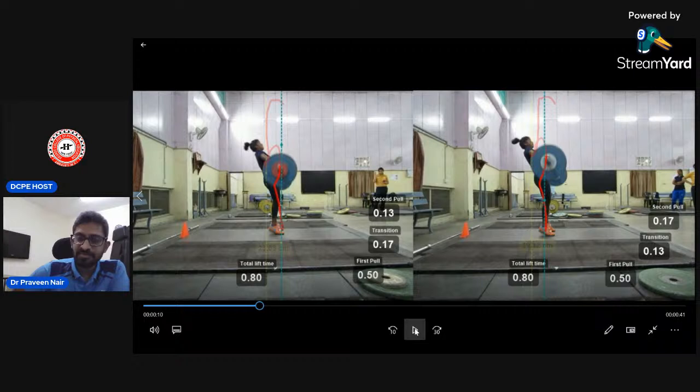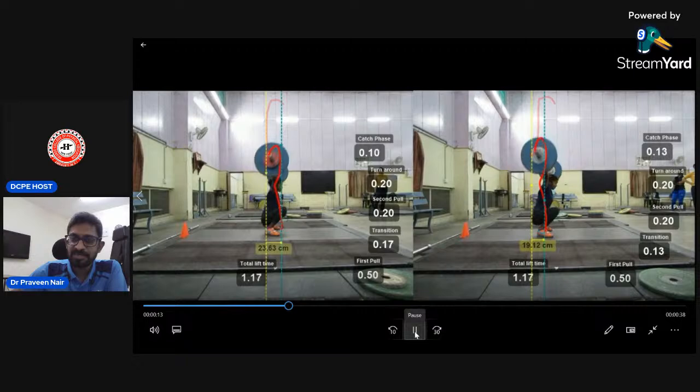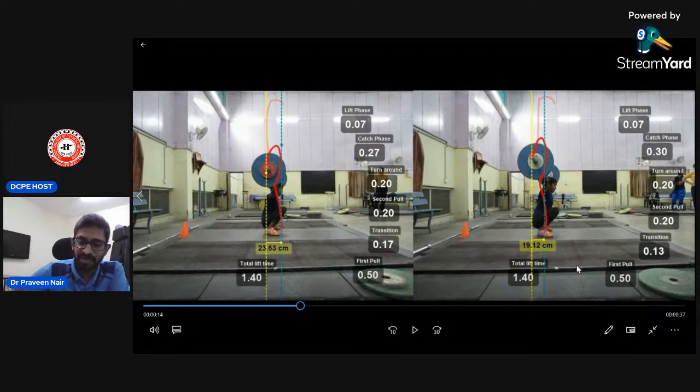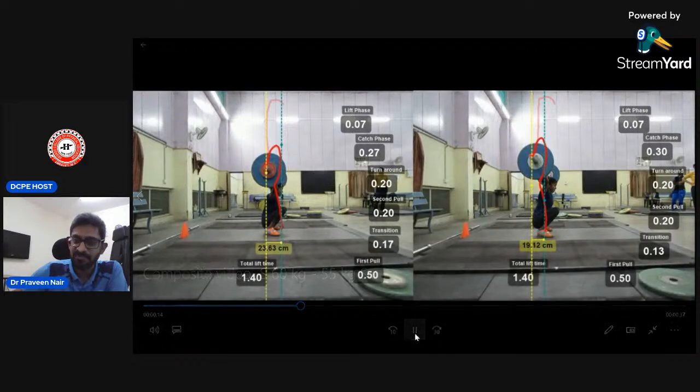Then the second pull, we have measured that also, and then when the player is underneath the bar, we can see the catch phase, and from the end of the catch phase you can see that we have calculated the lift phase also.